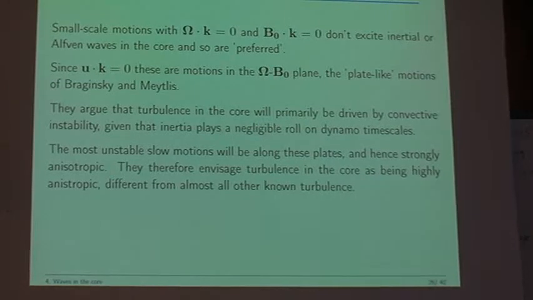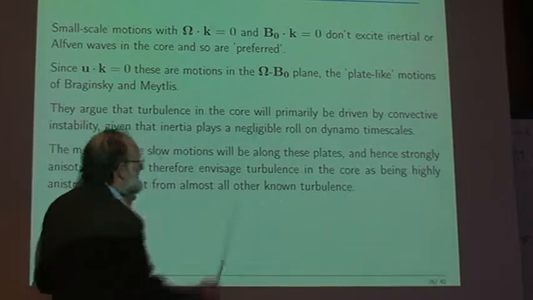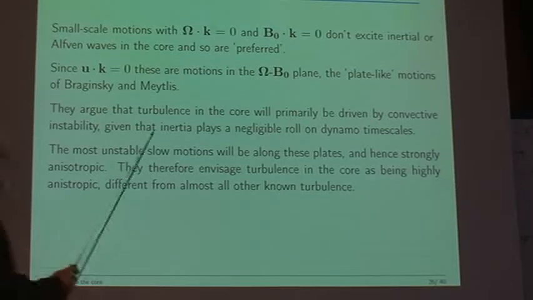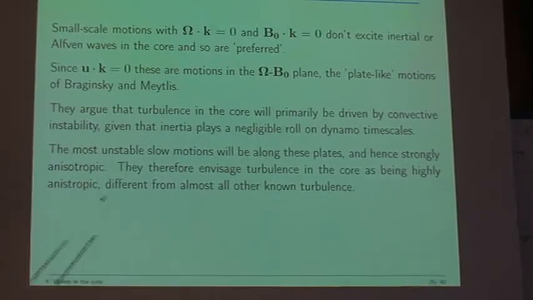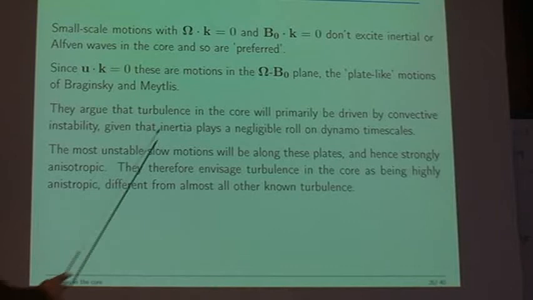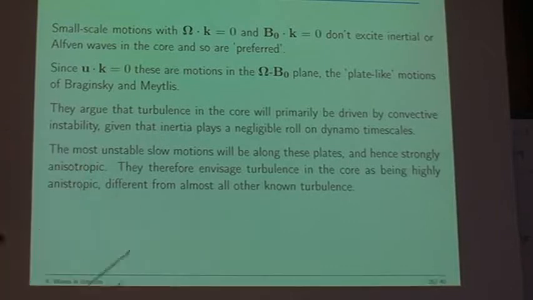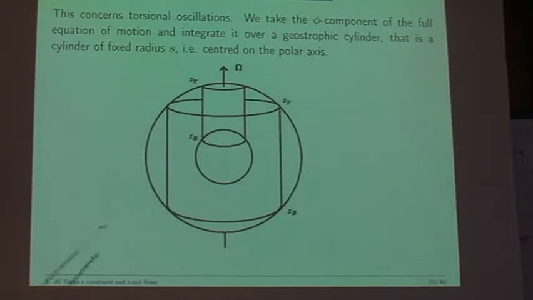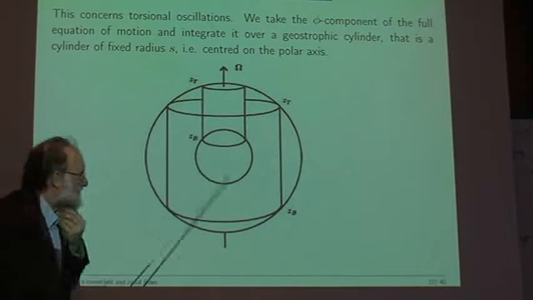In here, we're envisaging a situation where inertia plays a negligible role on the dynamo timescales and length scales, only on the very, very small scales that you end up with a spectrum. And the idea basically is that the instabilities, the turbulence, is driven directly by convection and plate-like, so it's potentially something quite different.